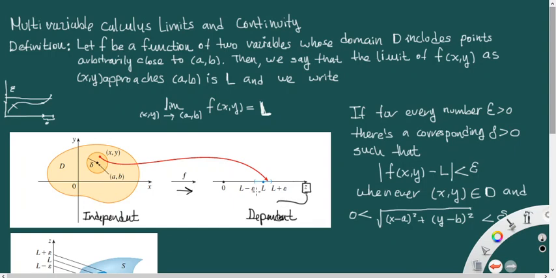Okay, so according to this region, we can have any value that is close to some point, in this case a comma b, and we will have an effect if this is continuous and the limit does exist.